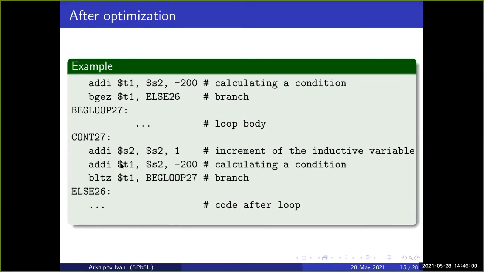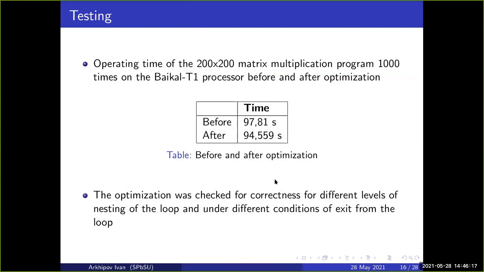Let's reorganize the loop body. We put a branch command before the body, in case we shouldn't go inside the loop, and a branch command at the end of the loop body. Yes, it works. Matrix multiplication has become faster.